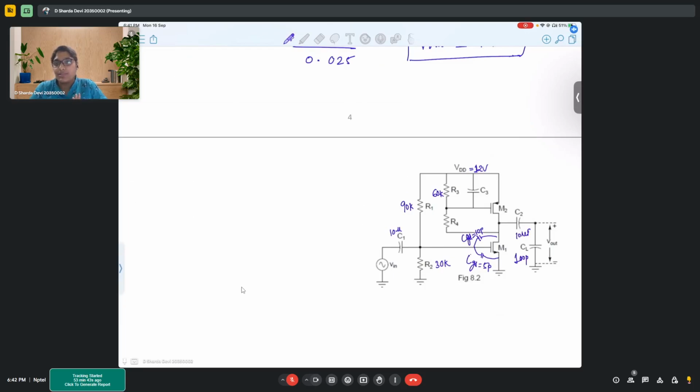So in the first case, we find out VGS using a simplified equation, without considering the lambda effect. Then we use that same VGS in the second one, using all the effects, to find out the value of V out. So it's like building it step by step.